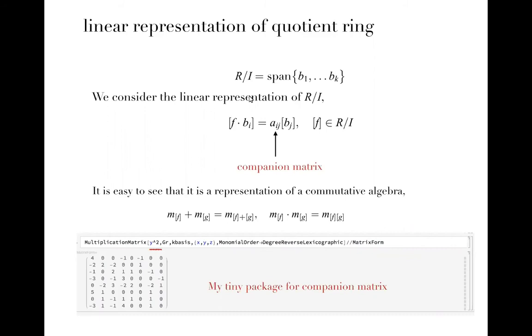Then you find, over this basis, a representation. Given any F, an equivalence class in the quotient ring, you multiply by a basis element Bi. Again it's in this quotient ring, so it should be linearly spanned over B1 to Bk. Then you get this matrix Aij. This is called the companion matrix. Note that when I do this multiplication, F has Q coefficients, and B has coefficient 1.